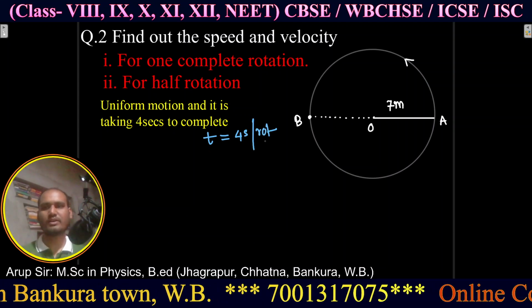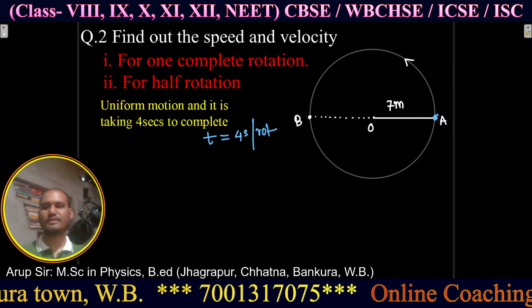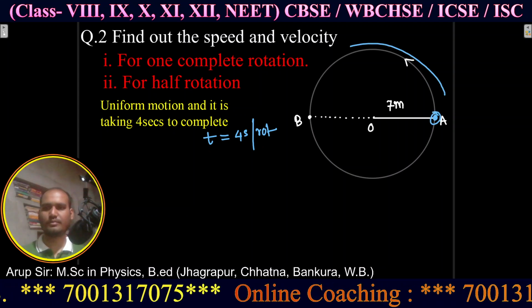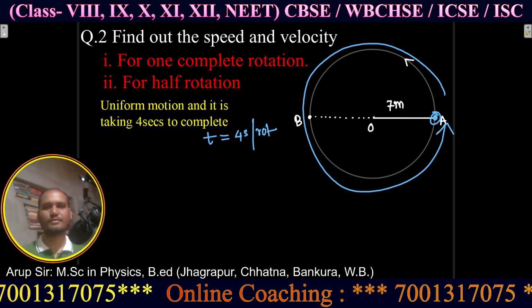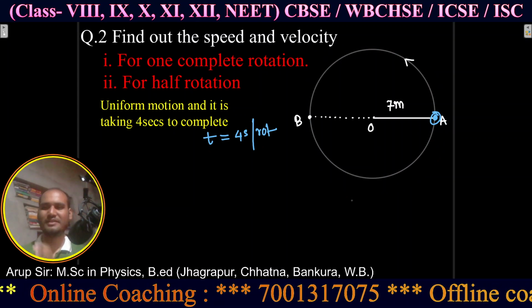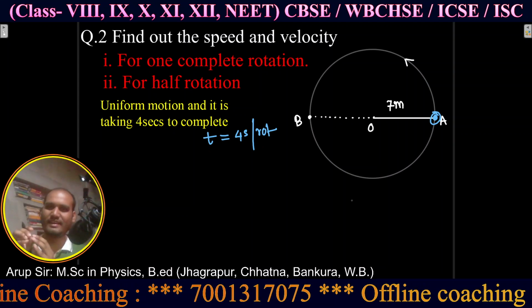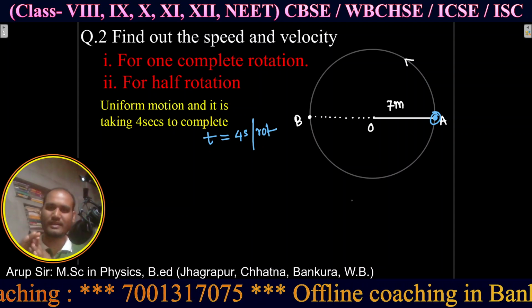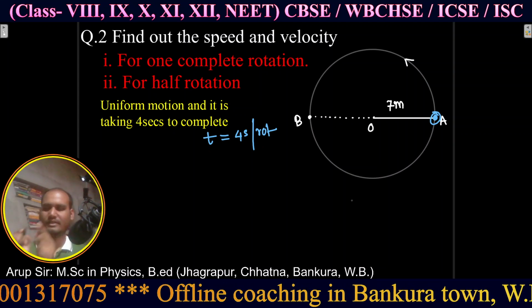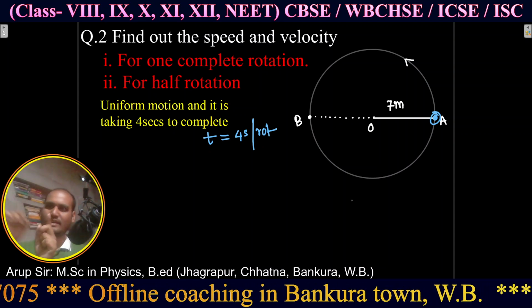Now for one complete rotation, one complete means if it starts from a point A, then it comes back to point A, right? You have an idea about initial and final points. Initially it was A, finally it is also A, so the distance from A to A is how much? 0. It is traveling and coming to the same point.